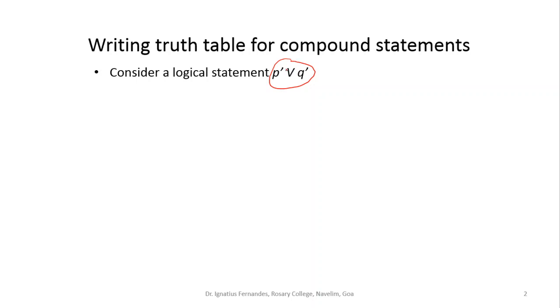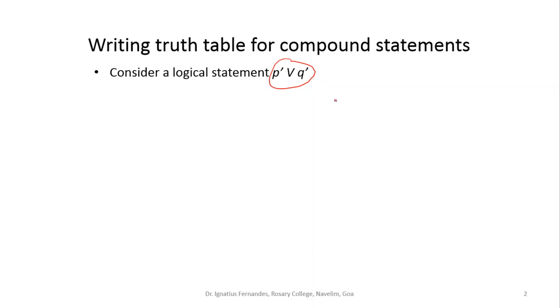One is OR and the other one is NOT that is involved here. Okay, so this statement is the symbolic form of some statement which has been put into a notation form like this. This is what we know when we write down a statement in notation form like this. And let us say I want to write down the truth table for this.